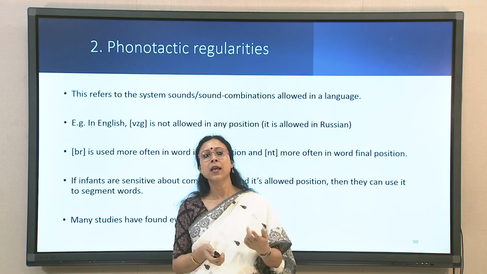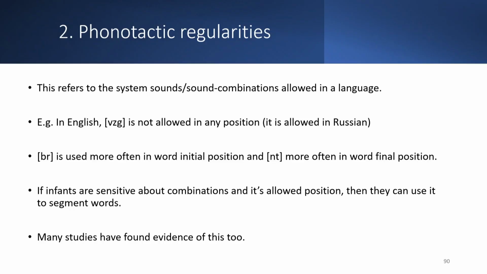For example, in English the V, Z and G combination is not allowed, but this is possible in Russian, or the most famous example could be Polish. So, in case of Polish language, the kind of consonant combination that is allowed is not allowed in most languages of the world. English does not allow, or any other Indian languages also do not allow that kind of combination. So, this is what phonotactic regularity means.